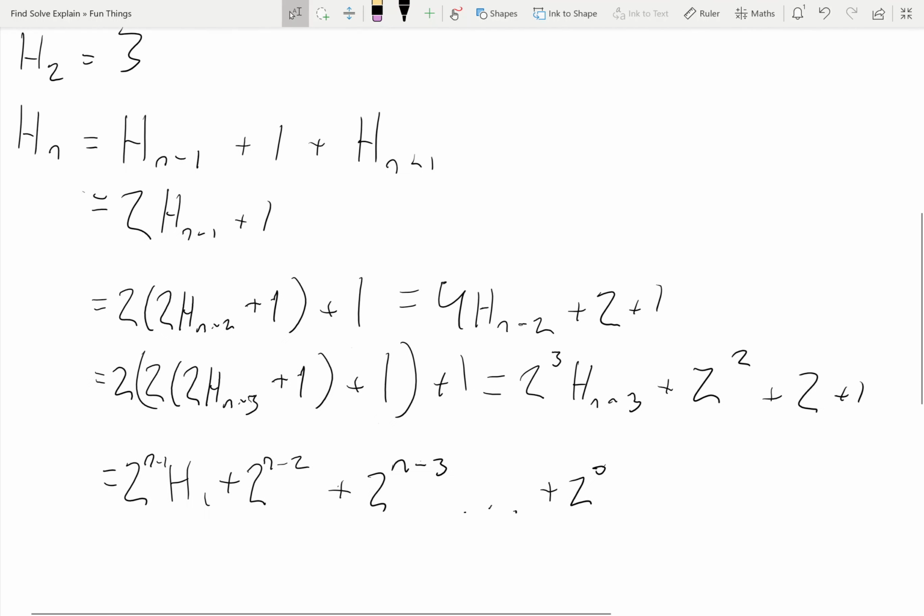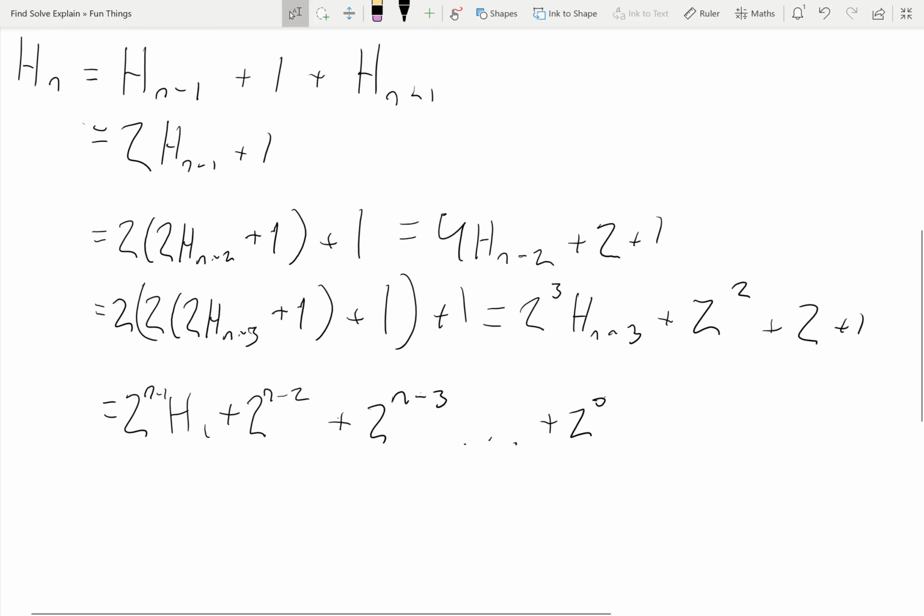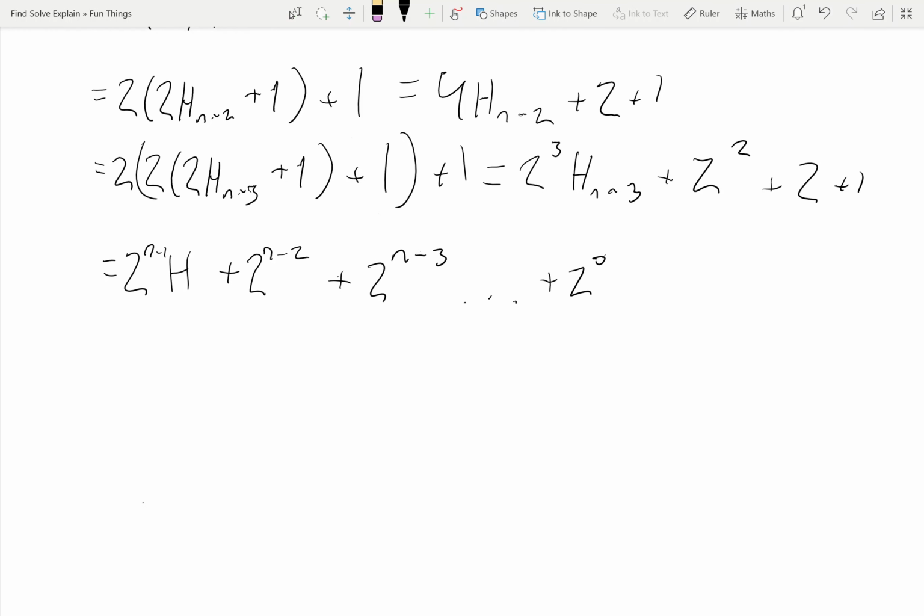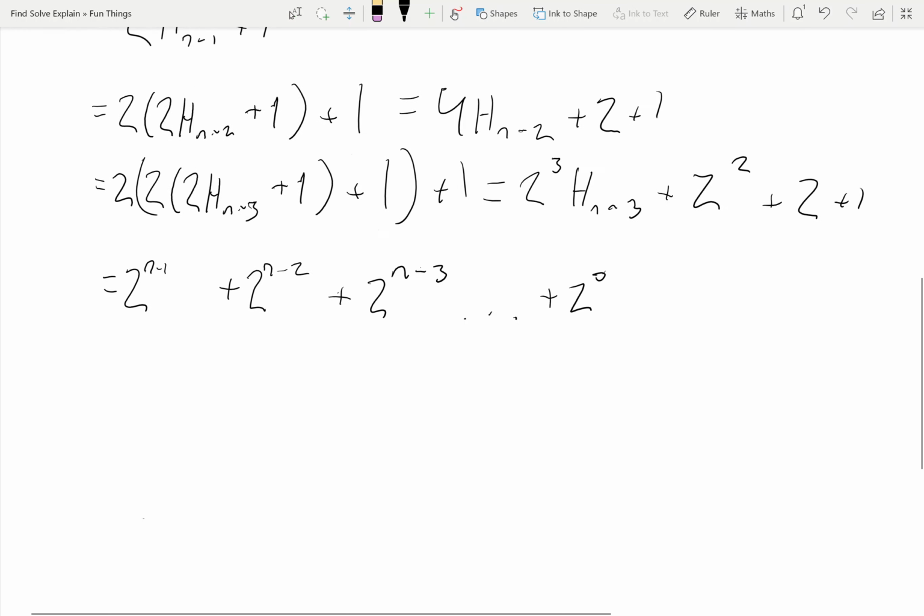And since h1 is equal to 1, you can basically just remove that.